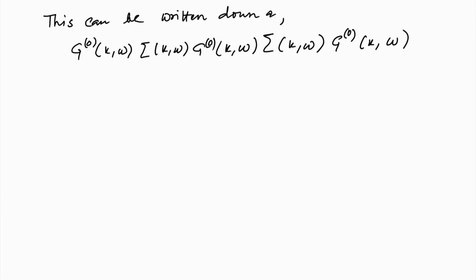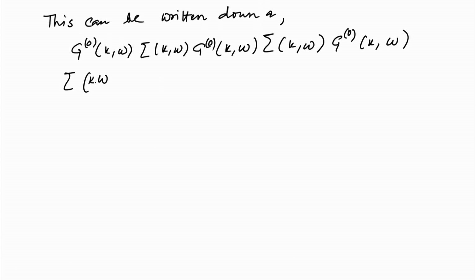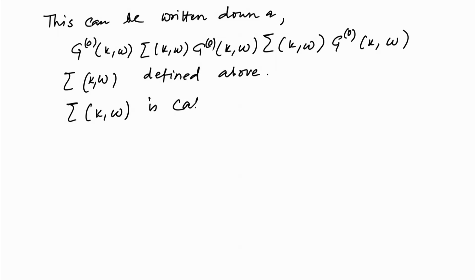Sigma omega is defined above. Sigma is actually a function of both k and omega, because you are summing over q. So, it is a sigma k omega. This is called the free energy.